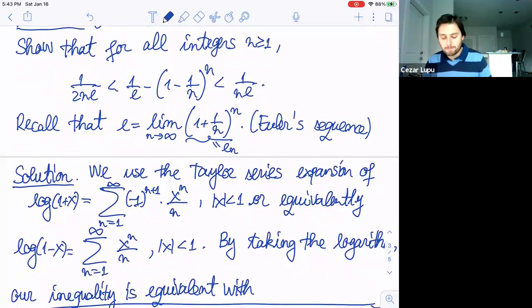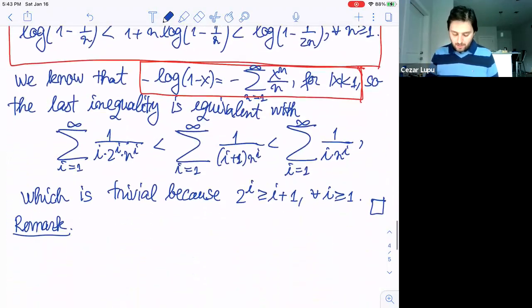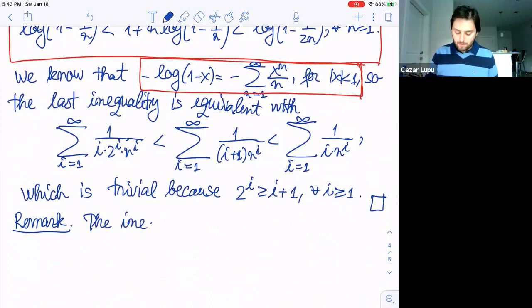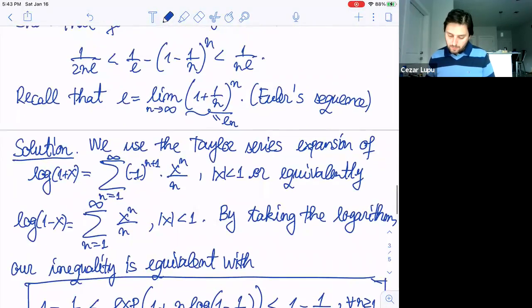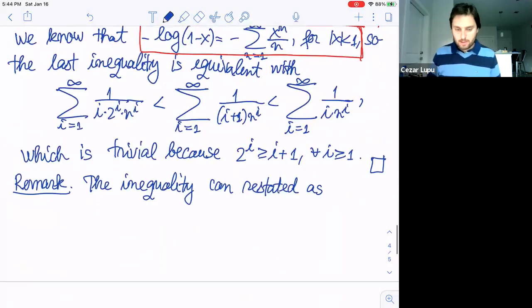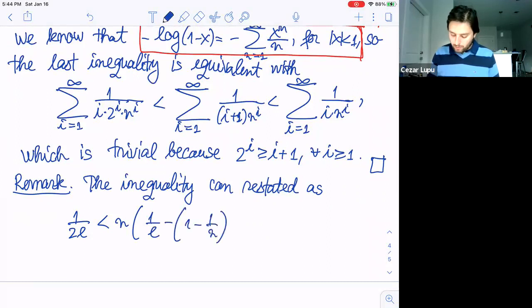Unfortunately, what I would like to point out is that this inequality is not sharp enough to give us, so if we multiply by n, the inequality can be restated as 1 over 2e less than n times (1 over e minus 1 over n) to the power n less than 1 over e.